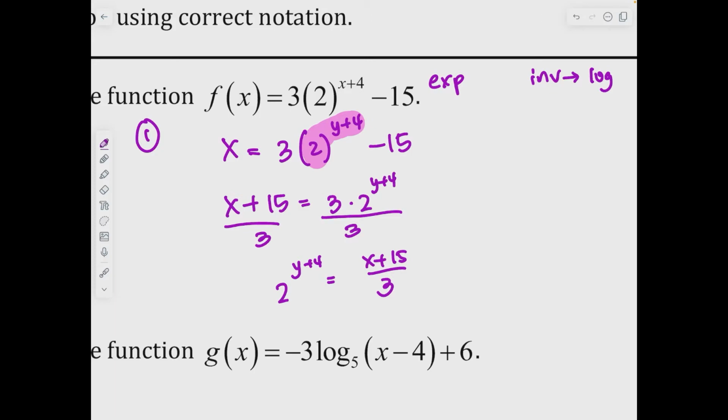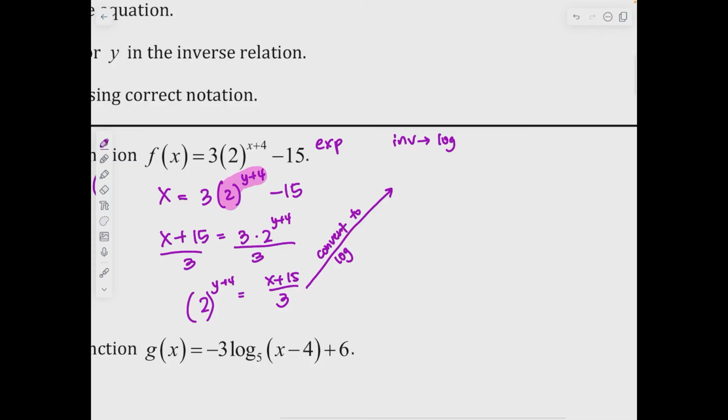Okay, so right now I'm still in exponential form. So what I'm going to do next is convert it to its logarithmic form. As I convert to log, the base is 2, so that means it's log base 2. I'll color code it so you can see it a little easier.